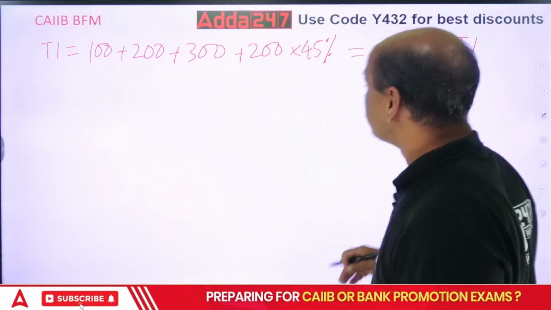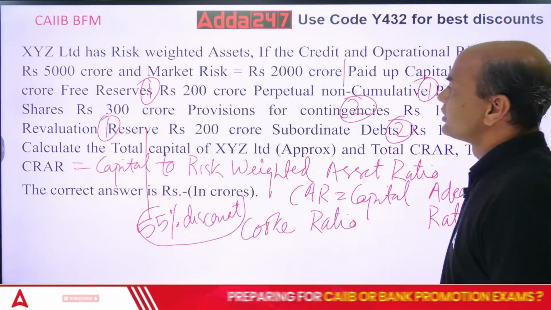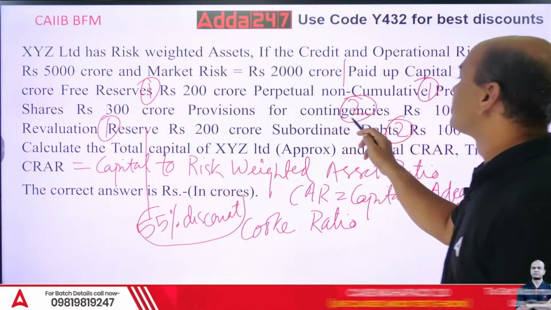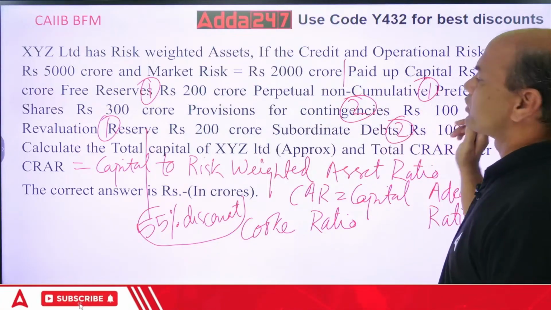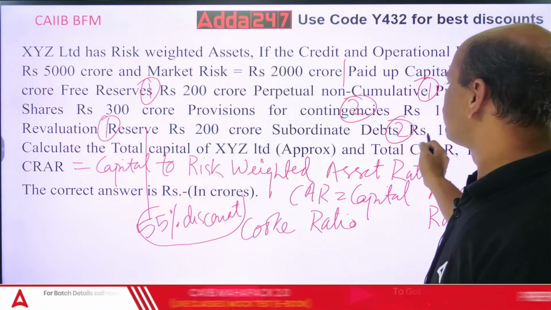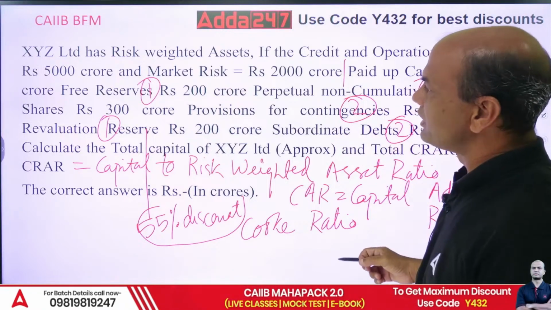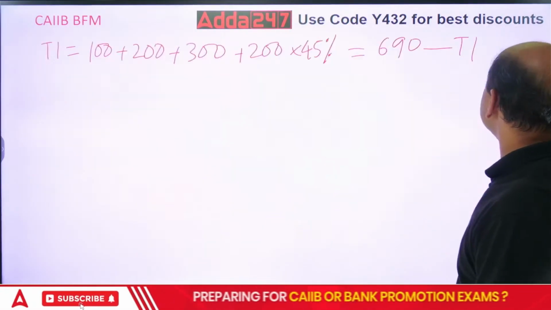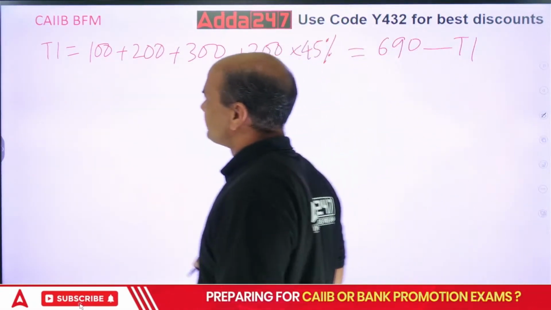Now focus on T2. What is T2? Provisions for contingencies, 100 crores. Now there is a rule I told you. And subordinate debt is 100. So let's keep it 100. What we'll do? Subordinate debt, we'll write it first. So I'll write T2 now.